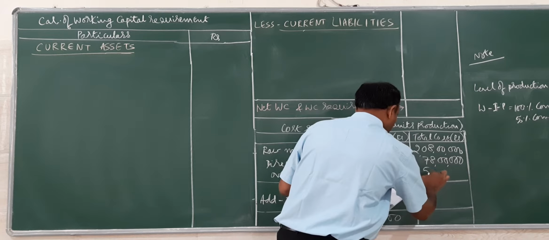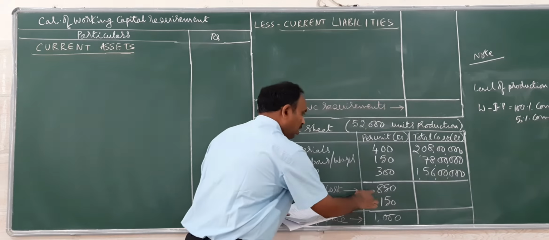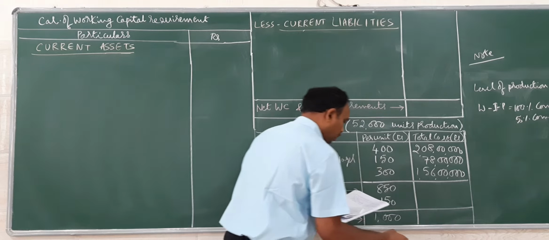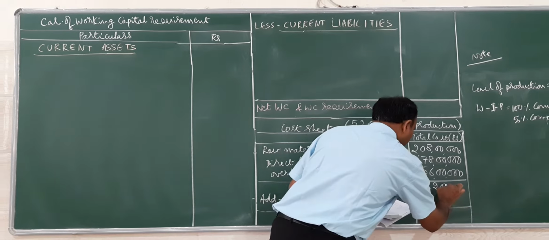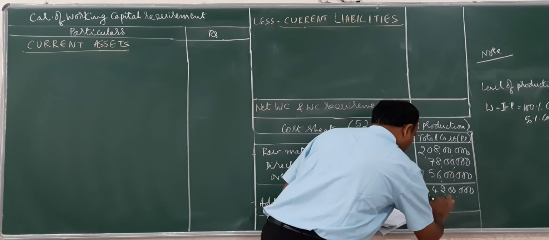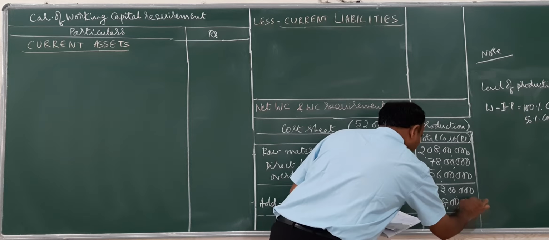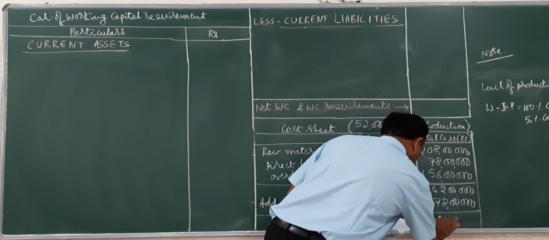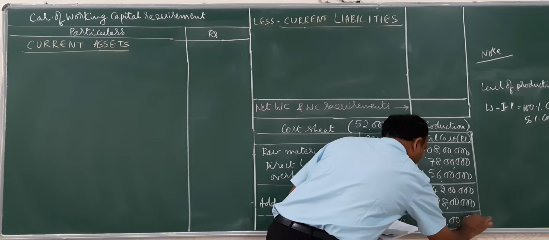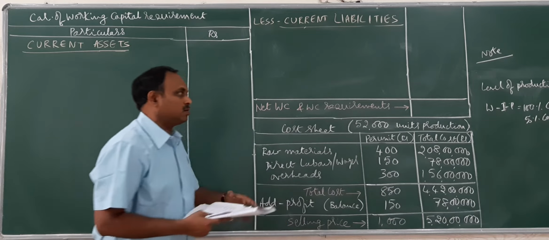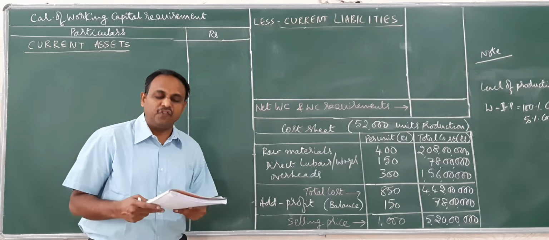Overheads, 1 crore 56 lakhs. Total 850 into 52,000, 4 crore 42 lakhs. Profit again 150 per unit, 78 lakhs. The selling price for 52,000 units is 5 crore 20 lakhs. This completes the cost sheet that is going to be very helpful for working further.